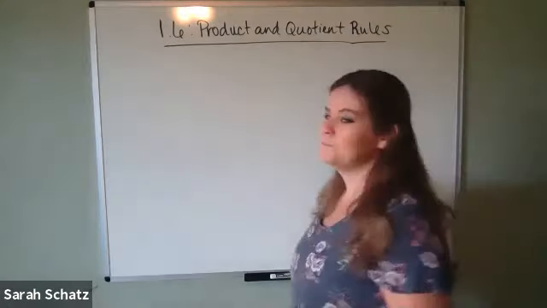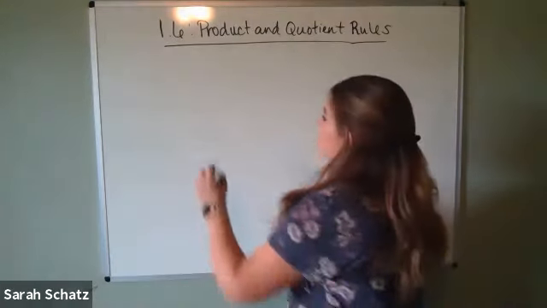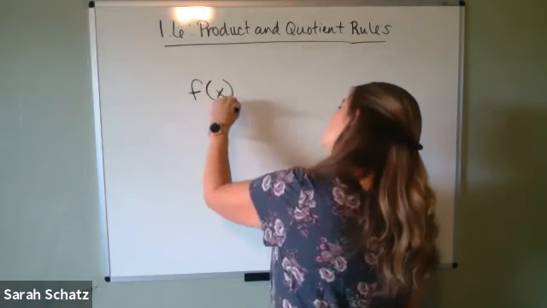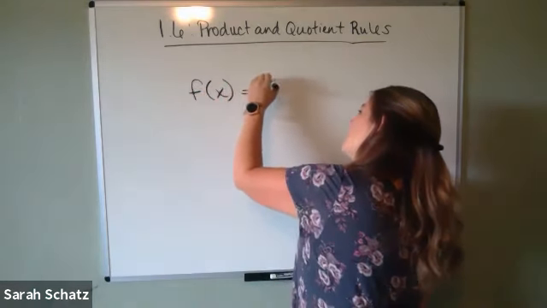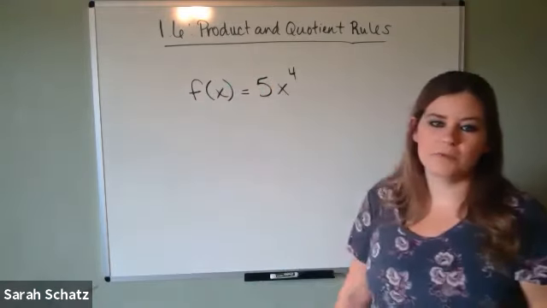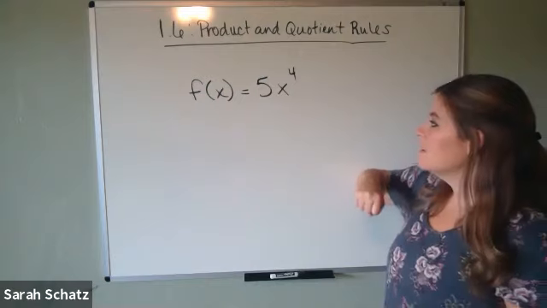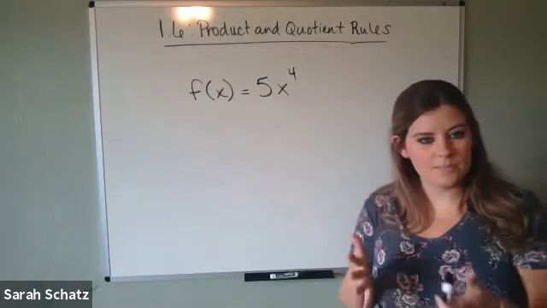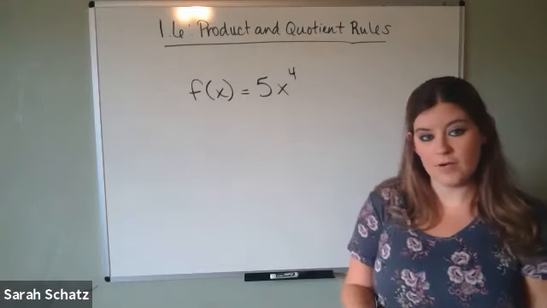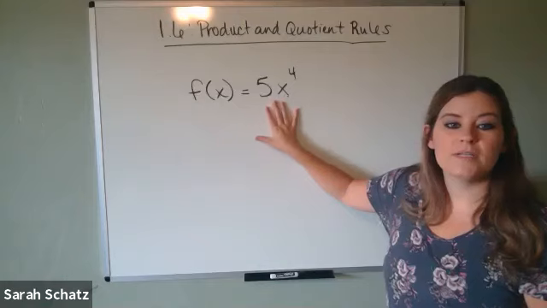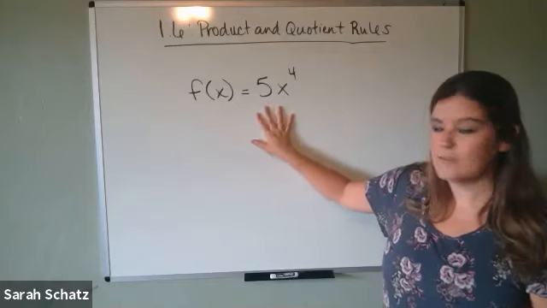Okay, so here's something I want to make sure you recognize. All right, so we've done something like this before. Now that you know the product rule, you have to look for these products and use the product rule when it's a product. You also need to make sure you know what's not a product.